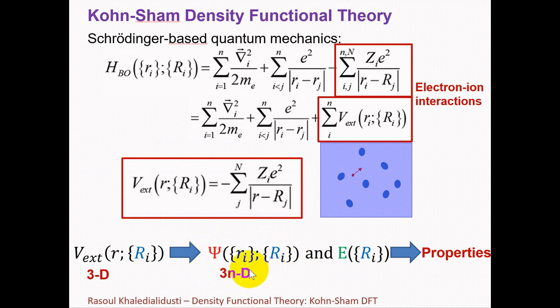But the wave function lives in 3n-dimensional space. Indeed, we start with the 3-dimensional external potential, then using the Hamiltonian, we obtain the wave function, which lives in 3n-dimensional space, and the energy. And from that, we can obtain any properties that we need of that material.